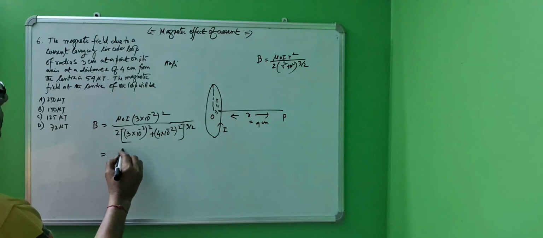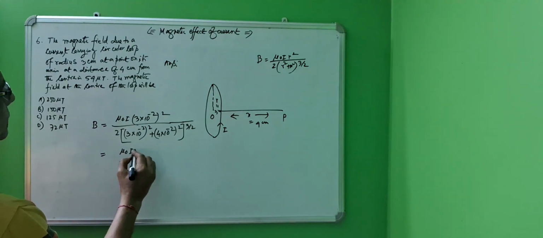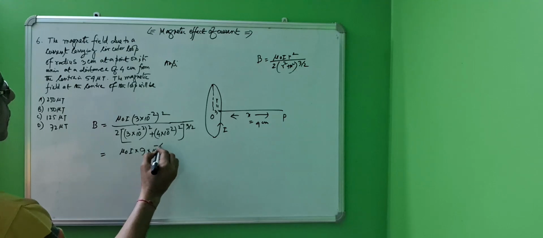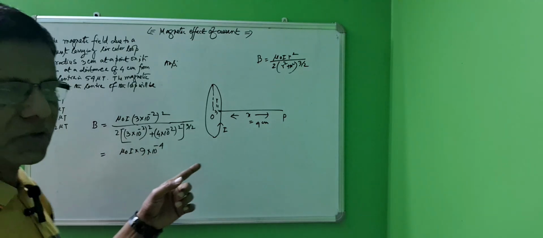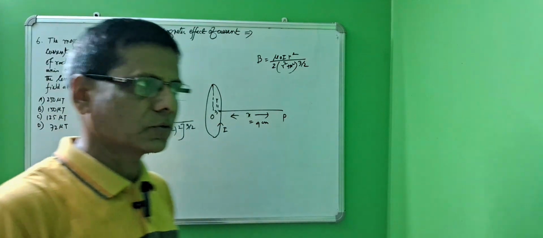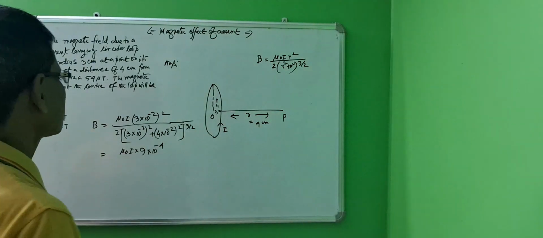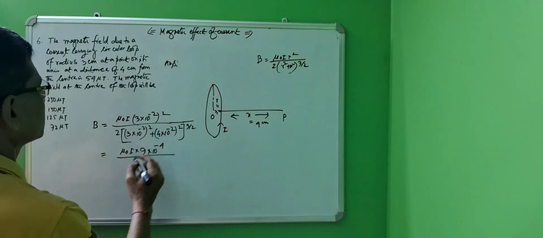This one equals mu 0 I. 3 centimeter and 4 centimeter are converted into meter unit.